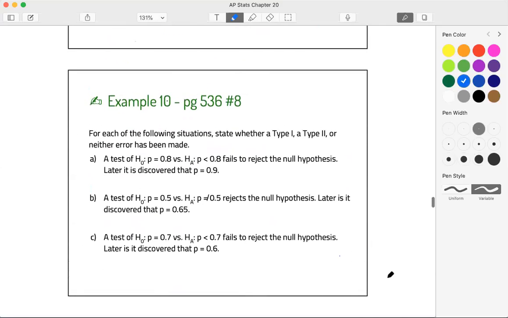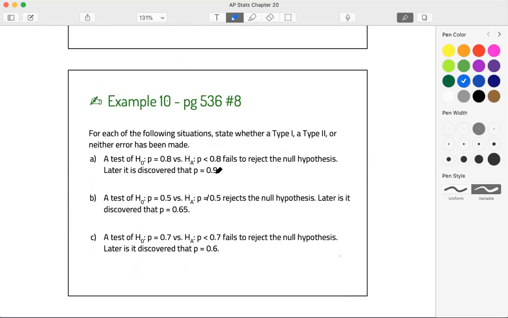All right, so here's example 10. For each of the following situations, state whether a type 1, type 2, or neither error has been made. A: a test of the null hypothesis p is 0.8 versus the alternate hypothesis p is less than 0.8 fails to reject the null hypothesis. Later, it was discovered that p is actually equal to 0.9. So we failed to reject the null hypothesis.